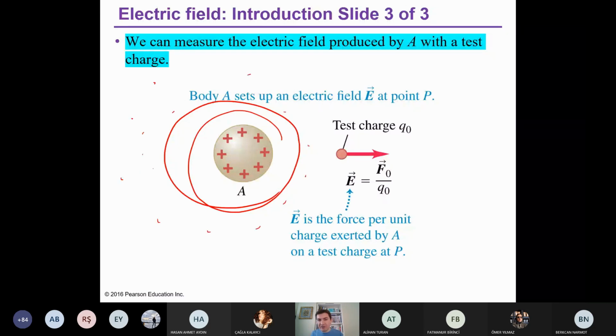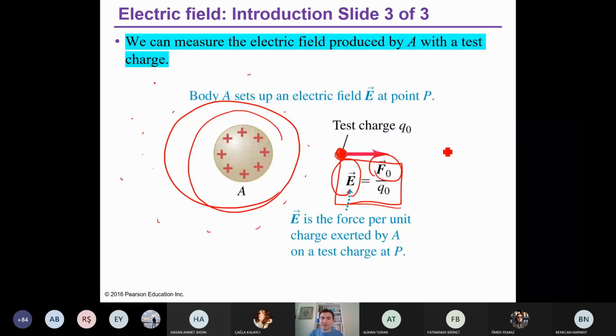So if I put here a test charge Q0, then due to the electric field produced by the A ball, this test charge will feel this force, F0, okay? And this electric field is given with this expression.